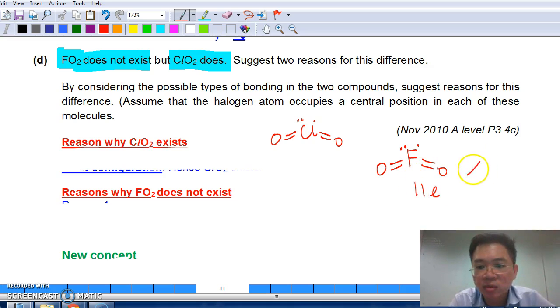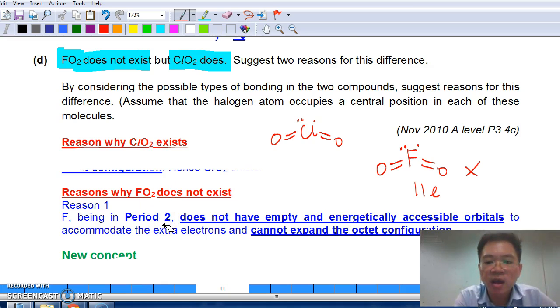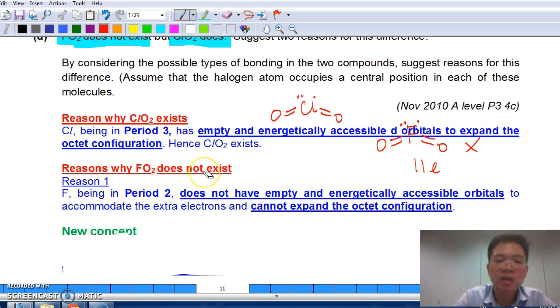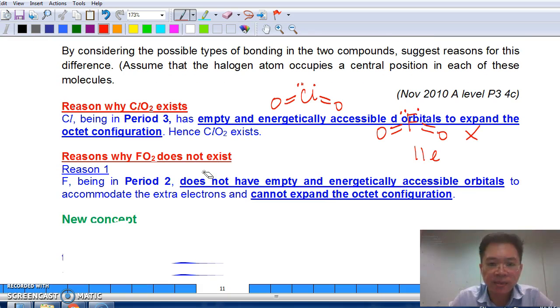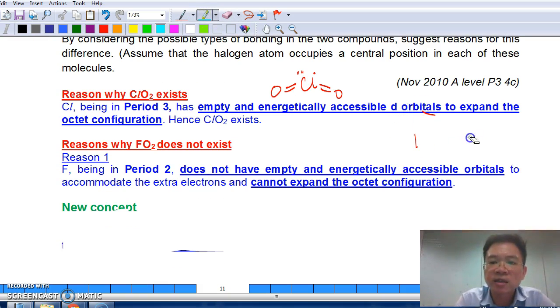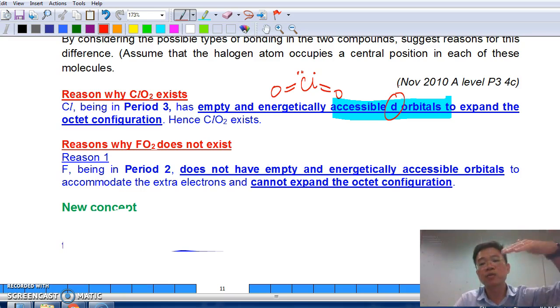Is it possible? No. The reason is because F, being in period 2, is not able to expand its octet, whereas ClO2 can, because of the energetically accessible d orbital. Here we emphasize that period 3 elements can reach the d orbital to expand their octet.